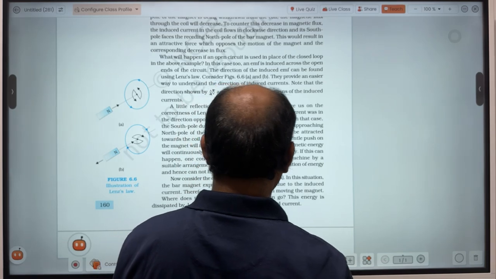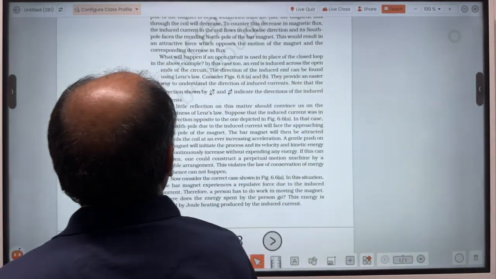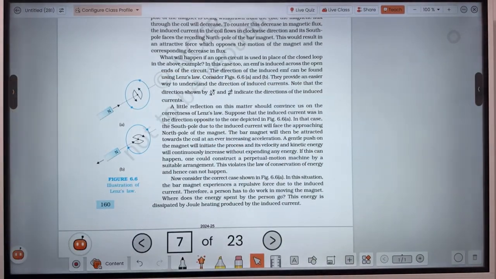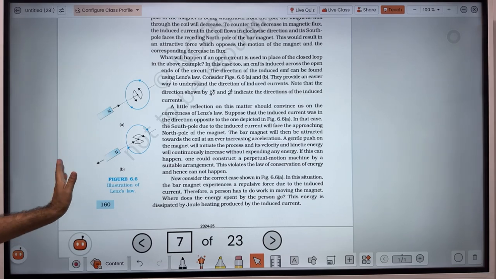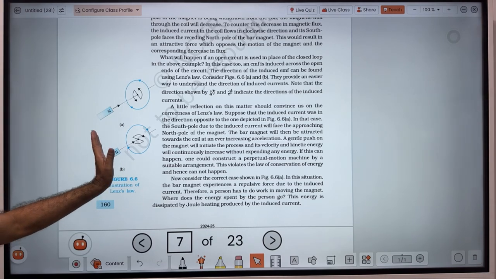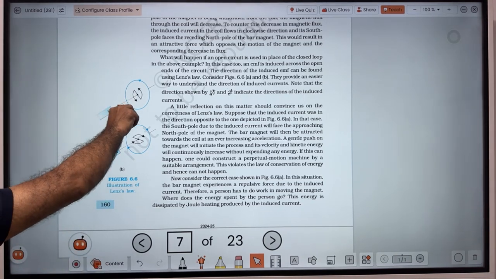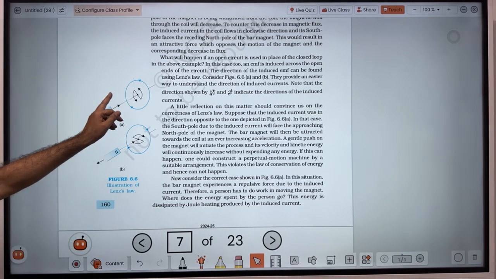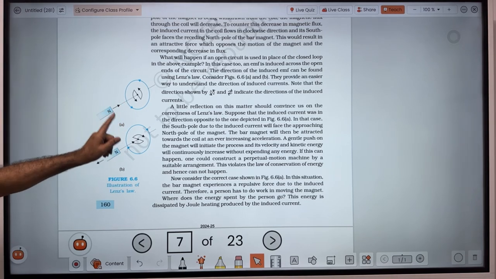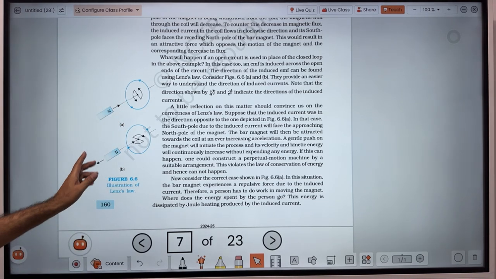Now here one more important point you have to keep in mind, that Lenz's law is in accordance with conservation of energy. Whenever we bring this magnet closer, work is done against the repulsive force, and that work appears in the form of energy, and that causes the EMF.